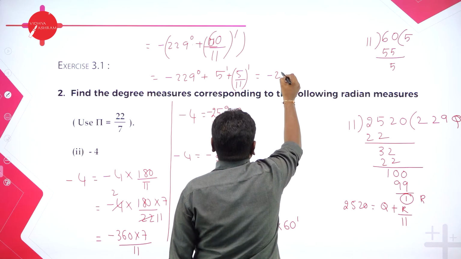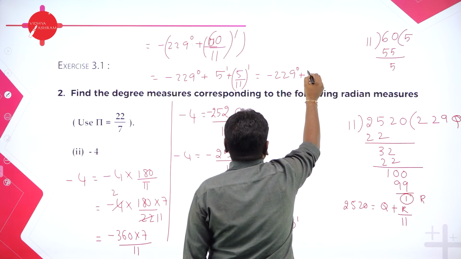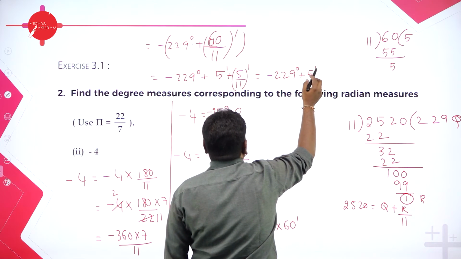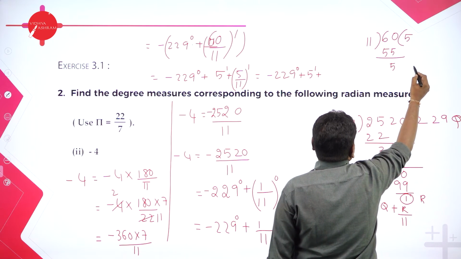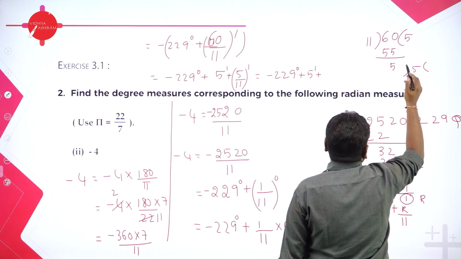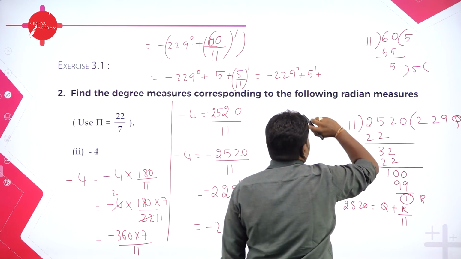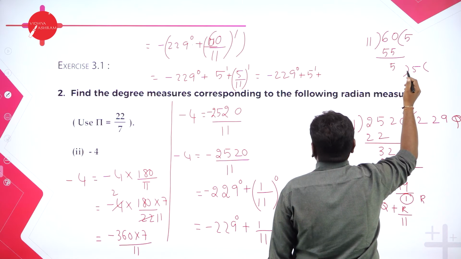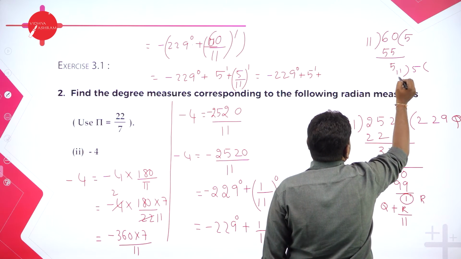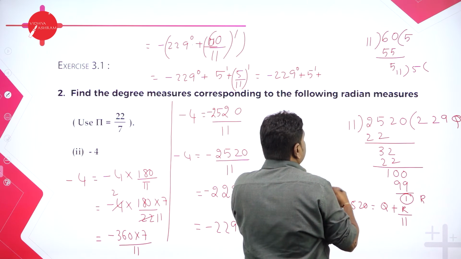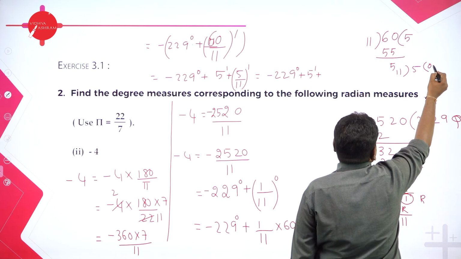So it will become minus 229 degree plus 5 minutes, 5 by 11. 11 by 5, it will be in fractions, or we can write, okay, 11 is a greater number, so you will get decimal, 0 point.